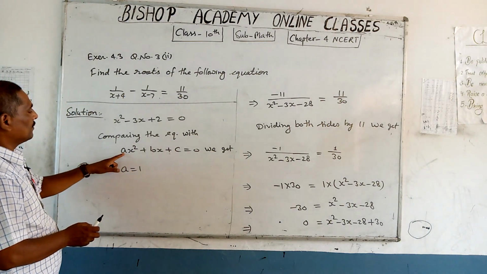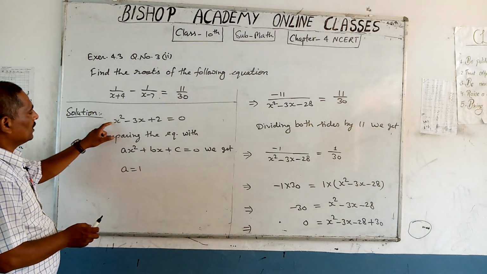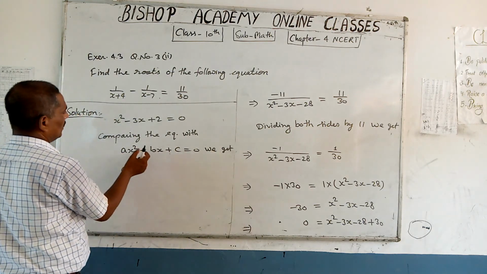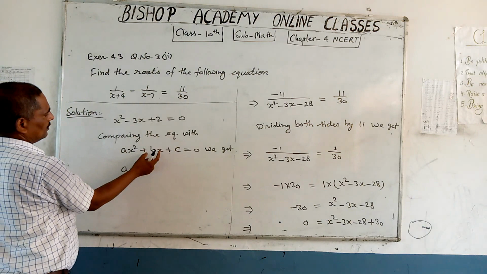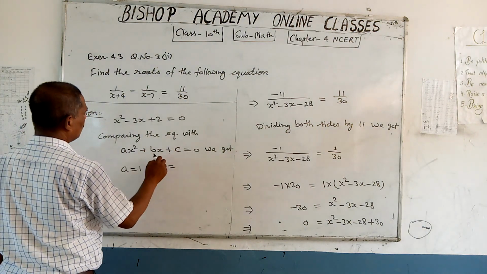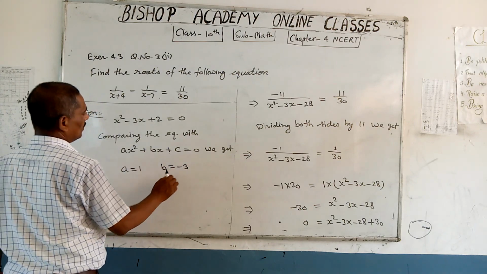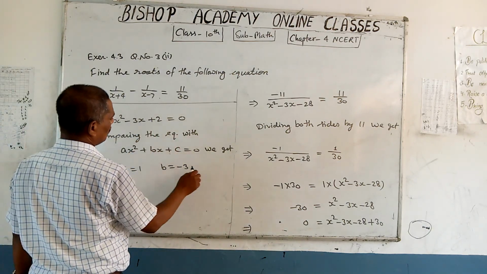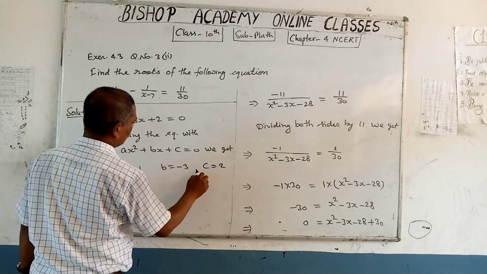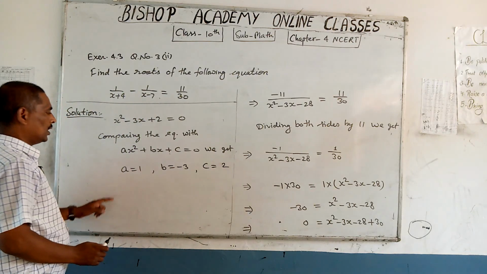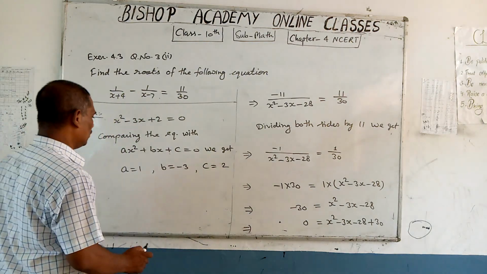You find that in the place of a there is 1, and when you compare second term minus 3x with plus bx, you find b is equal to minus 3. This c will compare with plus 2, c is equal to 2. So you got a, b and c's value.